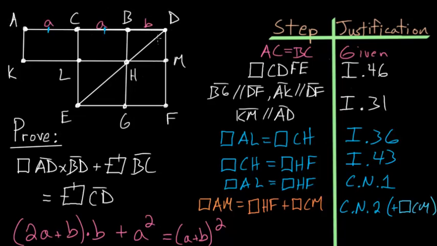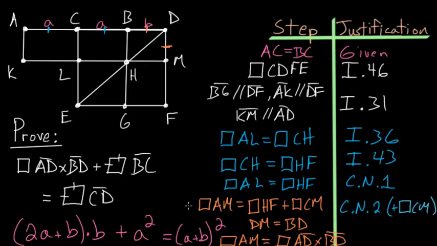But since this shape here is a square, DM is simply equal to BD. So let me write that DM and BD are equal to each other. And so this implies that the rectangle AM is contained by the lines AD and BD, since BD and DM are equal. So we can put BD here.